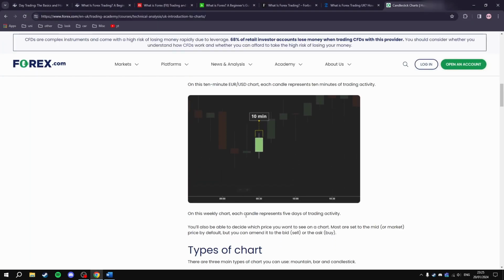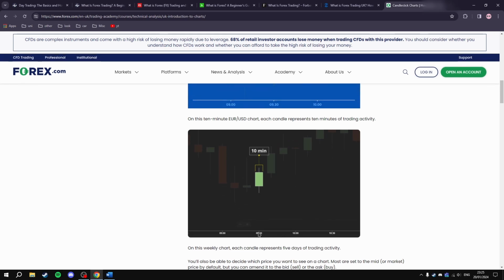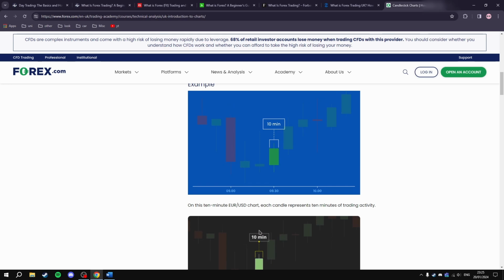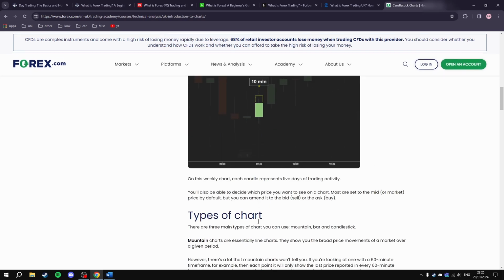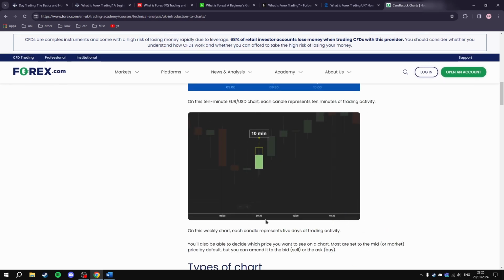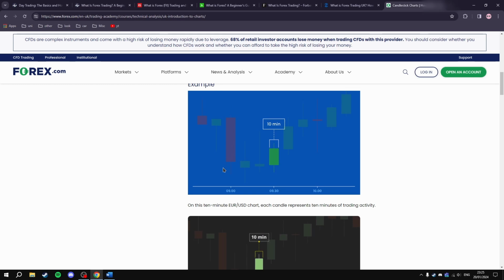On this weekly chart, each candle represents 5 days of trading activity. Yeah, I don't think this is the right chart, right? On this 10-minute Euro chart, so 9, 10, 20, 30. Oh, it is.